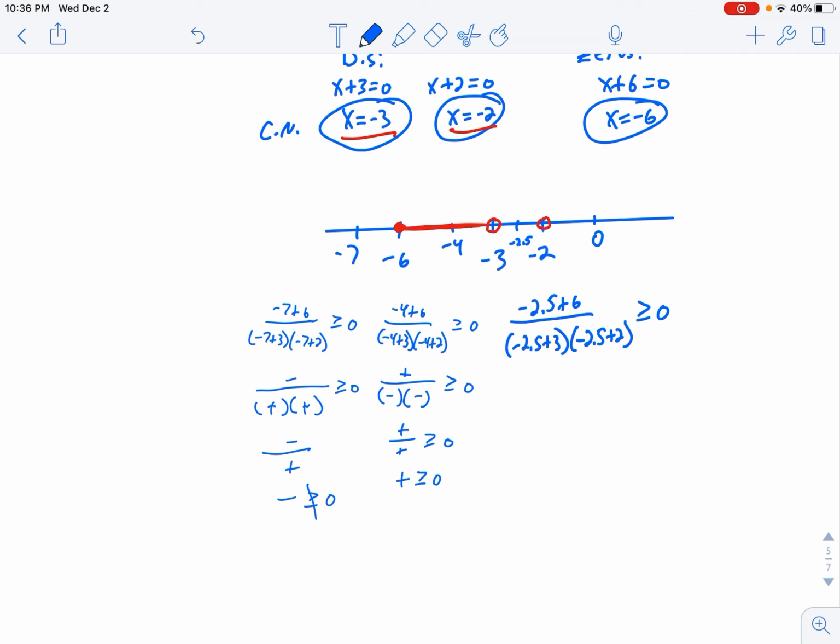Negative 2.5 plus 6 is a positive number. Negative 2.5 plus 3 is a positive number. Negative 2.5 plus 2 is a negative number. That gives me a positive over a negative. Positive divided by negative is negative. Is a negative greater than or equal to 0? No. So we do not shade in that interval.